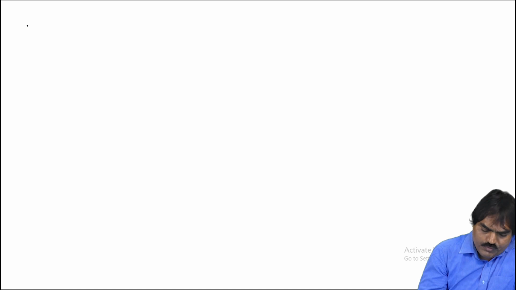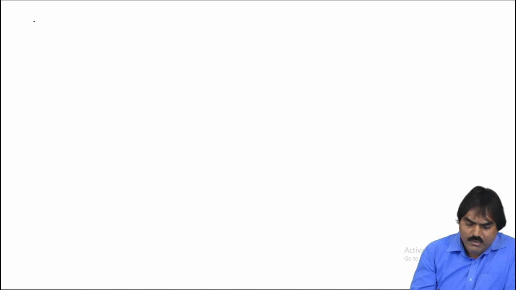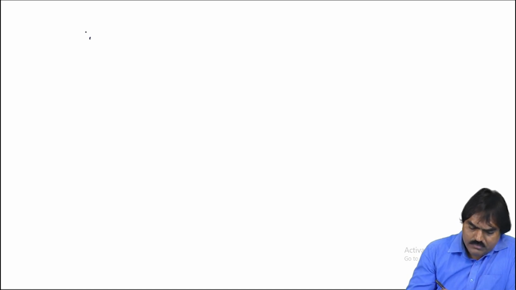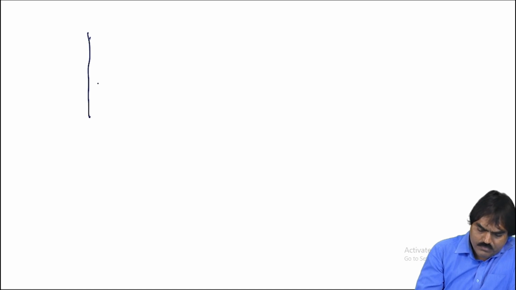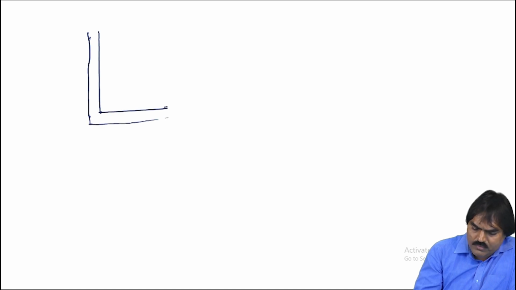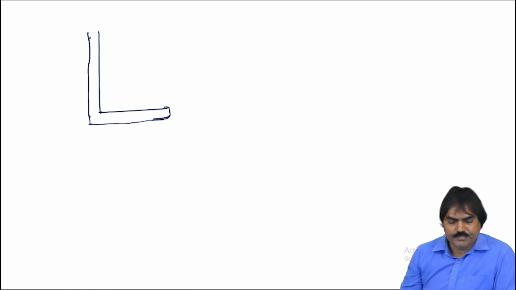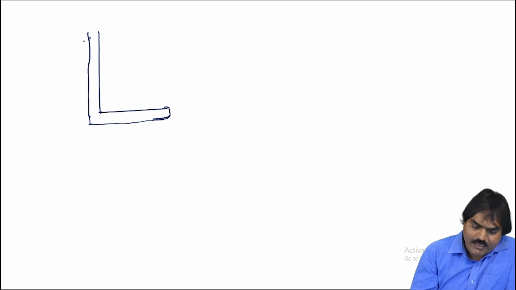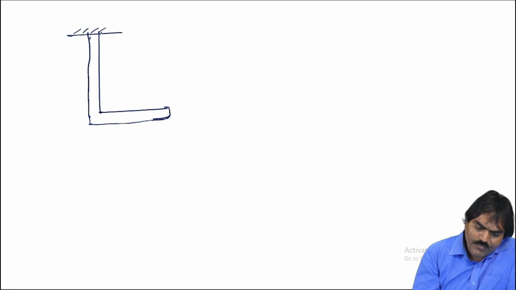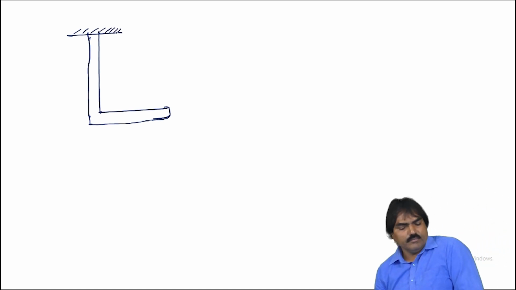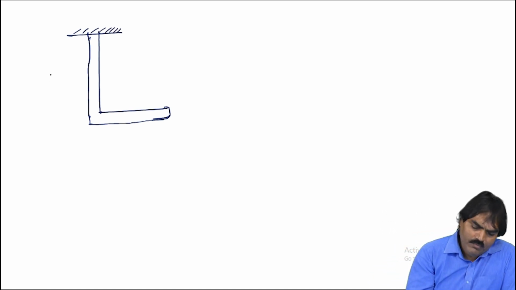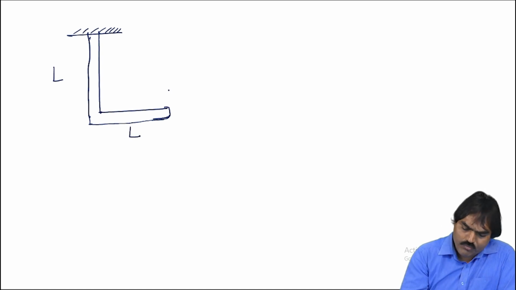Now, suppose the same question they can ask like this. Say this is the frame. Instead of hinging here, now it is fixed here. This length is L, this length also L. Now there is a point load P acting here.